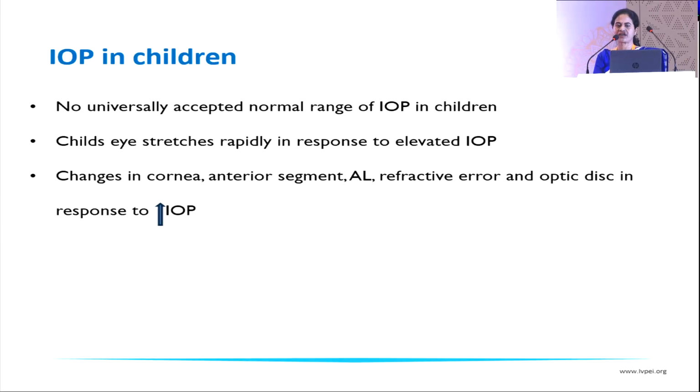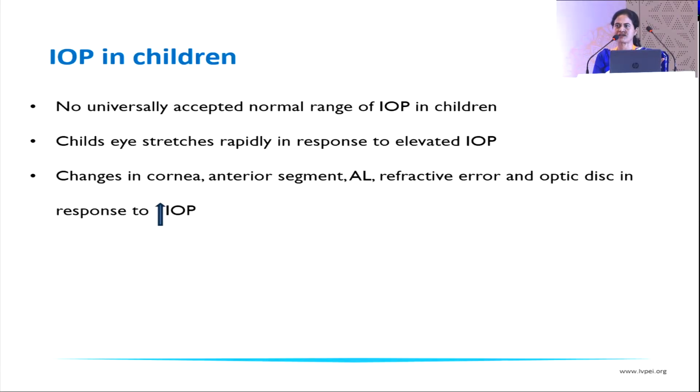A child's eye stretches rapidly in response to elevated intraocular pressure, so there will be changes in the cornea, axial length, anterior segment, refractive error, as well as the optic disc. Sometimes the eyeball enlarges to accommodate the elevated intraocular pressure, and hence one may not be able to find the IOP elevated.